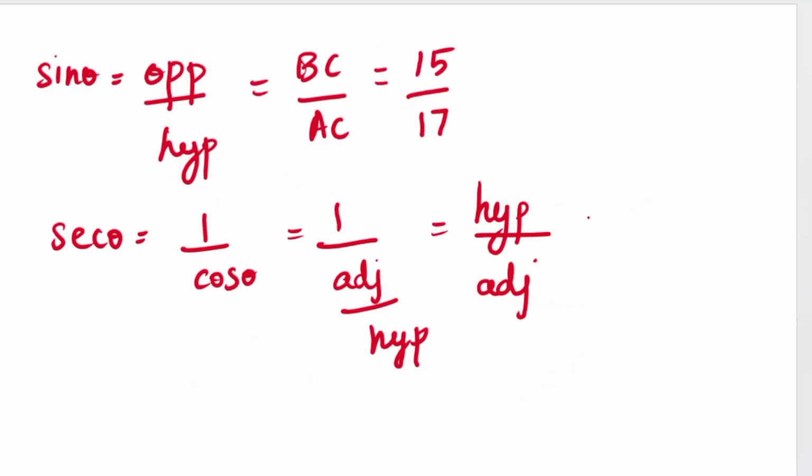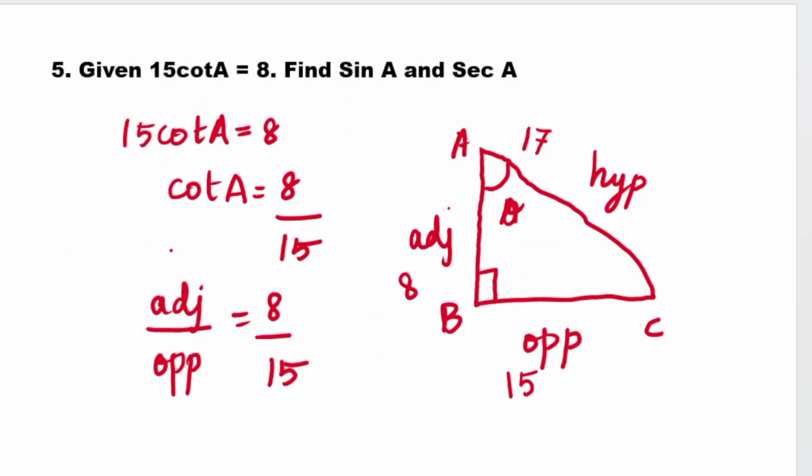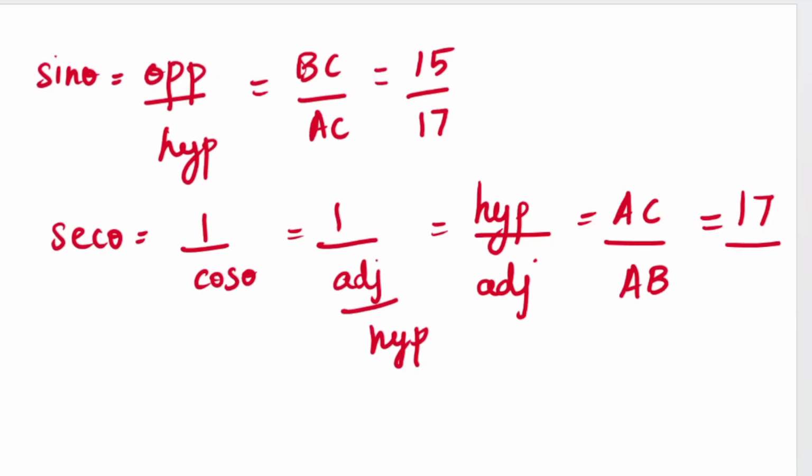Now, what is the hypotenuse? Hypotenuse is AC and the adjacent side is AB, right? The value of AC is 17 and the value of AB is 8. So what is sine theta? Sine theta is 15 by 17 and secant theta is 17 by 8.